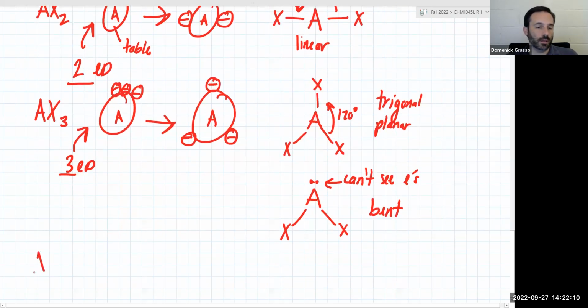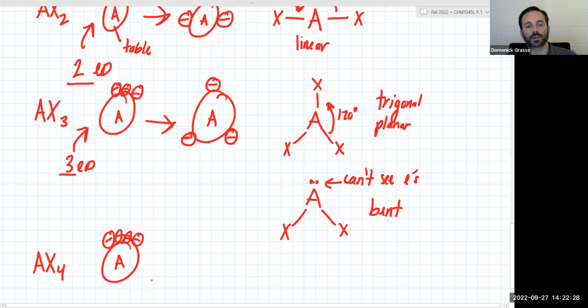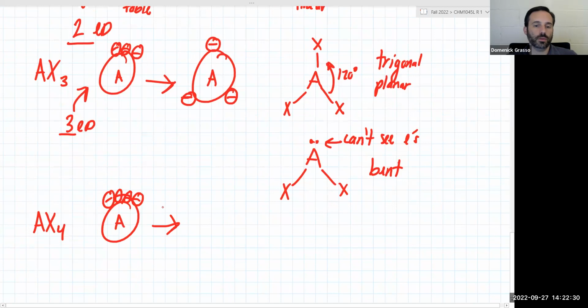The last type: there are lots of types listed on our data sheet, but you're just going to choose up to this shape, which is called tetrahedral, because that's the most biologically relevant. Those are the most common types you're going to see in the future. If I've got four things around me, 1, 2, 3, and 4, I've got to think in three dimensions.